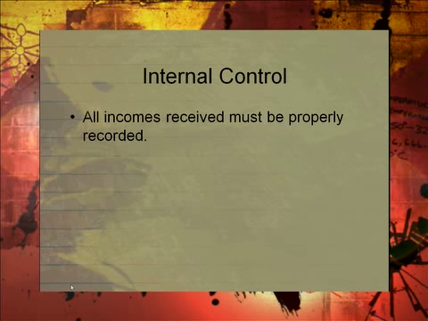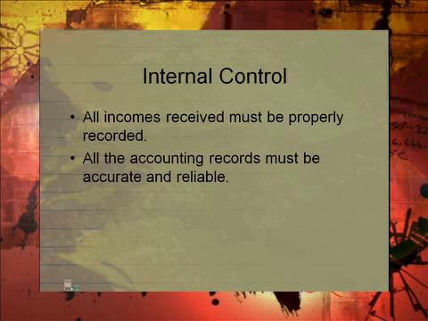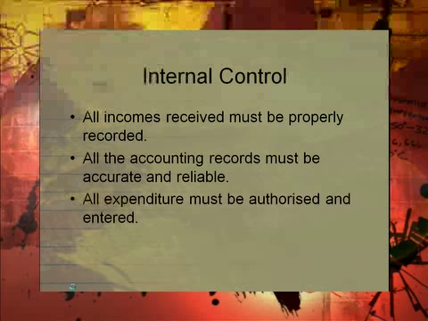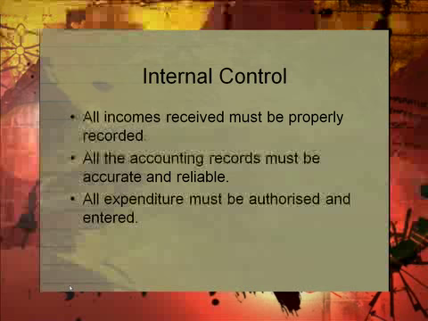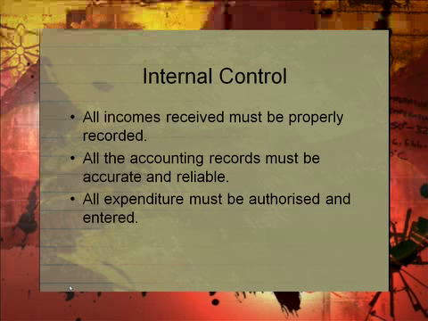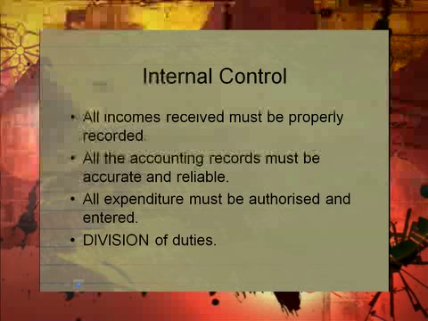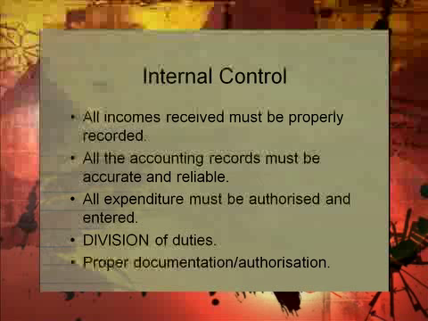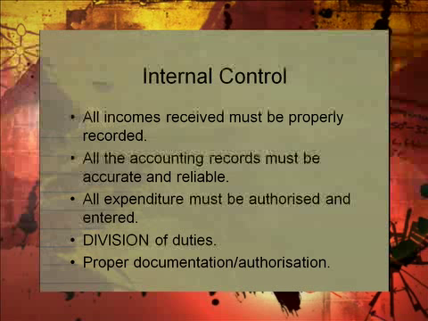Now, about internal control, all incomes must be properly recorded. We must keep a proper record, and our accounting records must be reliable and accurate. Your expenditure must be authorized and recorded. Remember, you need to have division of duties, you need to have proper documentation and authorization.